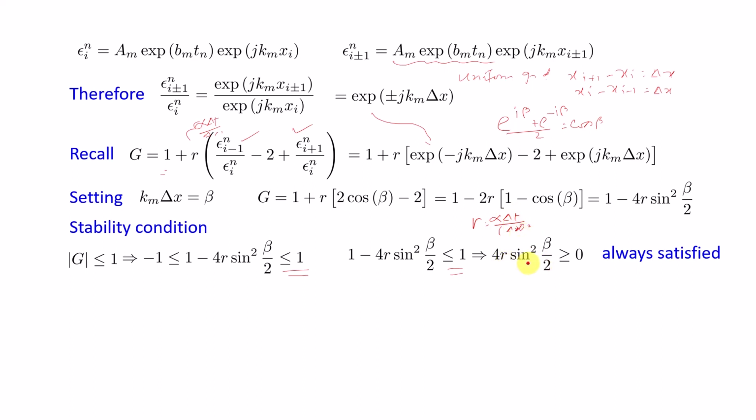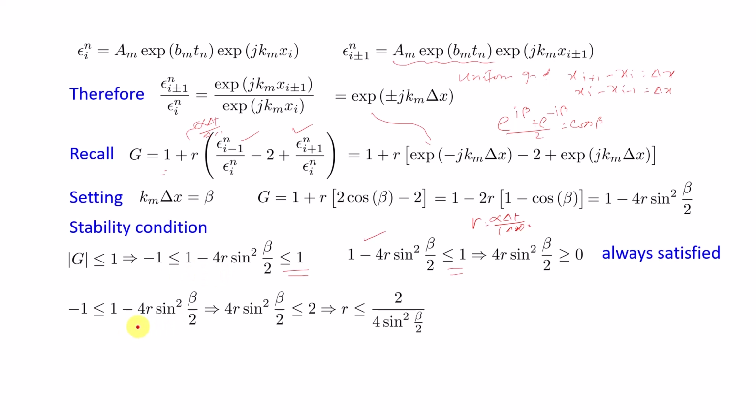So this is a positive number, and sine square is between 0 and 1. Therefore, this 4r sine square beta by 2 should be greater than or equal to 0. Therefore, this condition is satisfied anyway. So we have to focus on the other side, that is minus 1 is less than or equal to g.